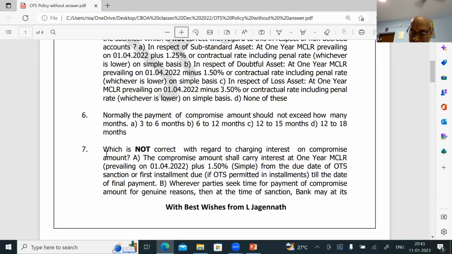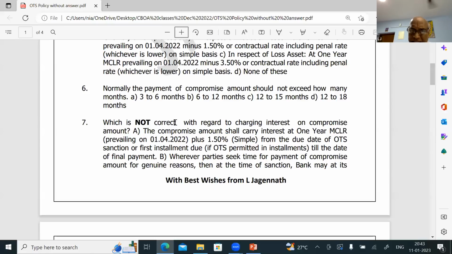Question number 7. Which is not correct with regard to charging interest on the compromise amount? I told you, interest is also to be collected on the compromise amount, so that is not correct. The compromise amount shall carry interest at 1 year MCLR prevailing on 1/4/2022 plus 1.50 simple, from the due date of OTS sanction, or first installment due if OTS is permitted in installments, till the date of final payment.